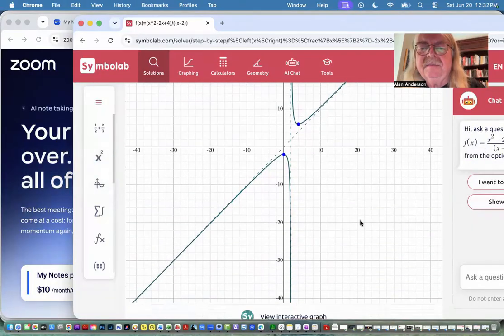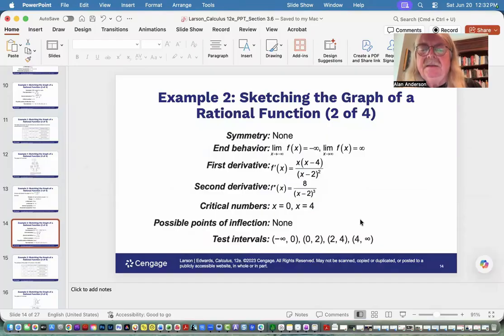Okay. And so their intervals are going to include the critical numbers. We also have the asymptote. So basically, all they did here for these intervals was the same thing.